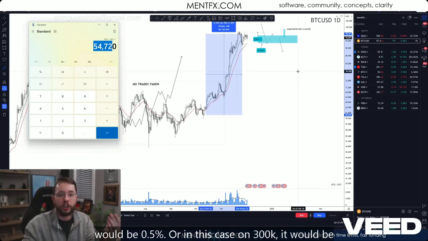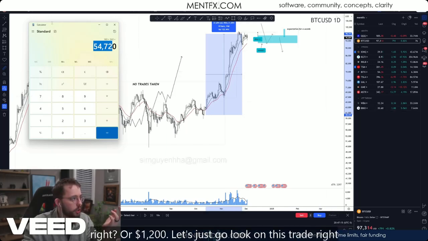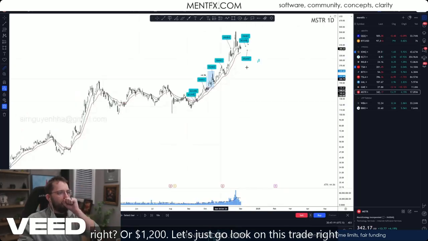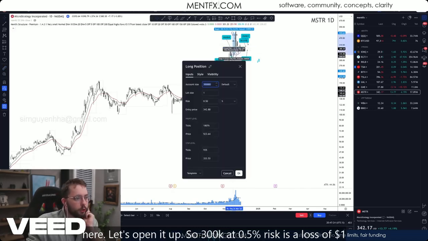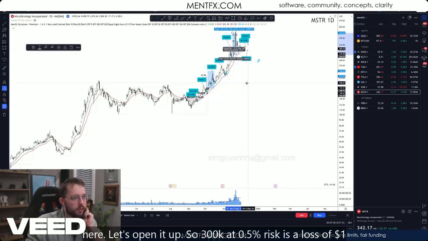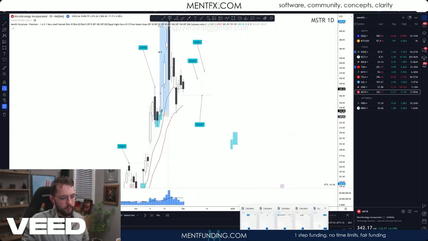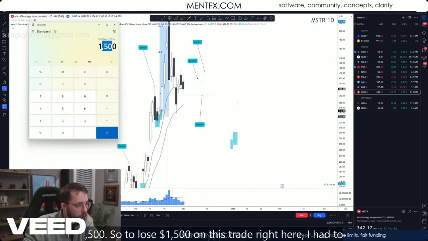Or in this case, on 300K, it would be equivalent to risking, what is it? How much money? $600, right? Or $1,200? Let's just go look. On this trade right here. Let's open it up. So 300K at 0.5% risk is a loss of $1,500.